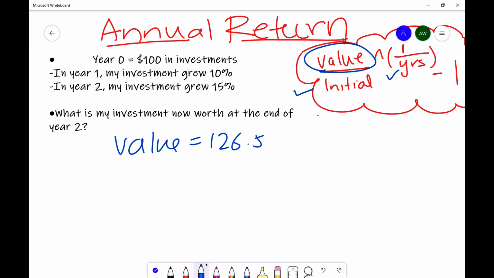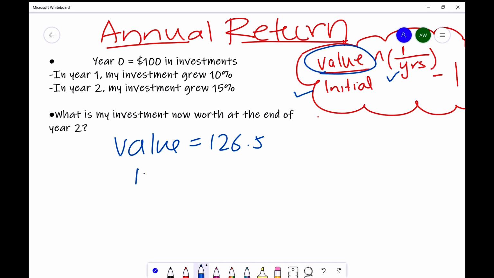Now that we know the value of the numerator and all of the other variables, we can solve for our annual returns. We know the value is 126.5, so plugging that in as the numerator. Then we have the initial investment, which is $100. And then we need to do a power of 1 over the number of years.